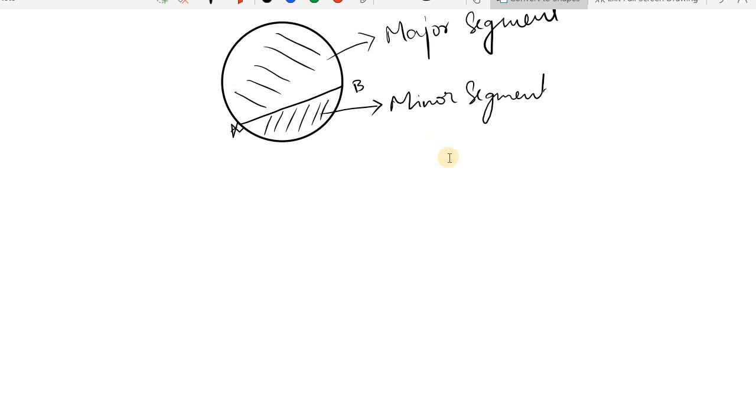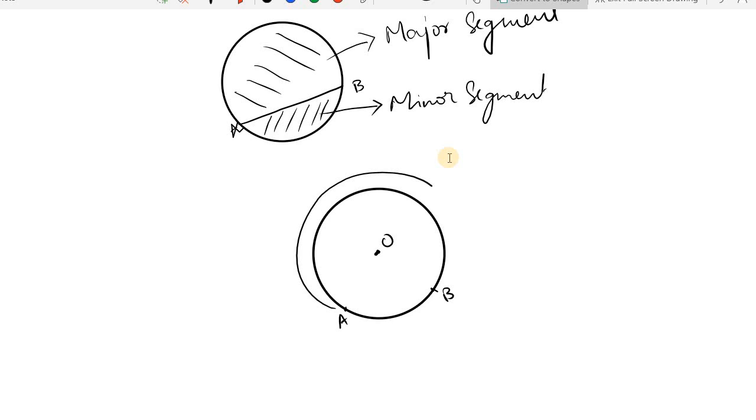Now let us see two other terms. So I have O over here, the center, and I have A and I have a B. This is arc AB, minor arc AB, and if I were to go from here to here, it would be major arc AB. So let me connect A and this and this. So this area here, this is called a sector.